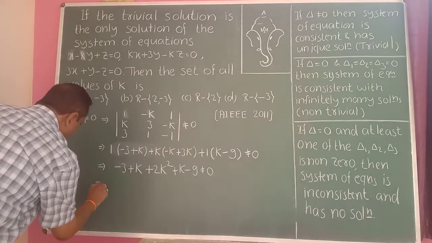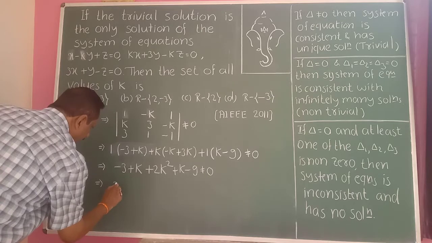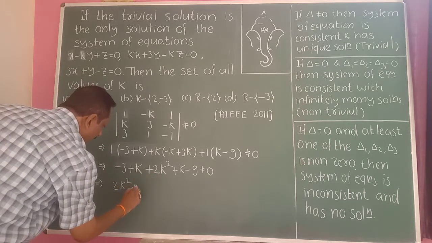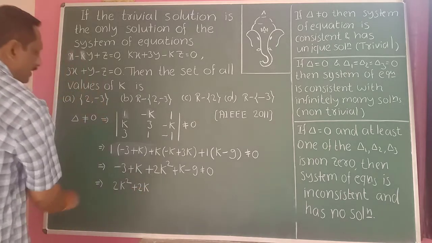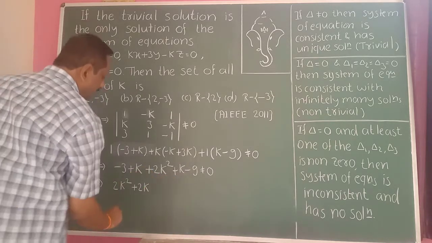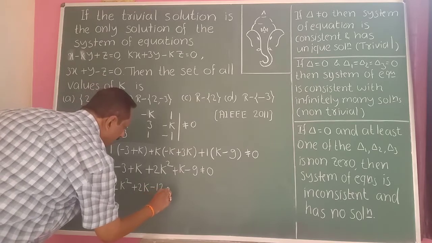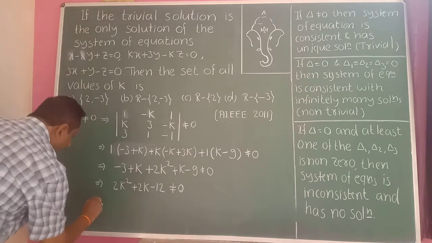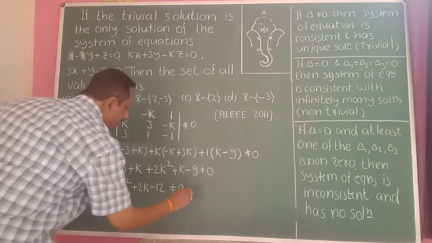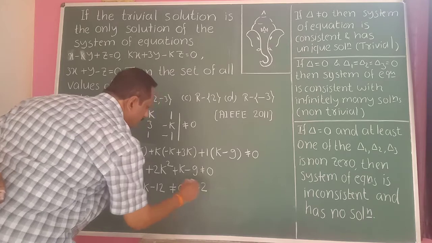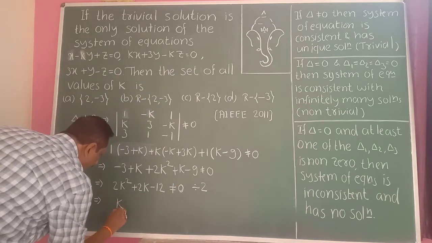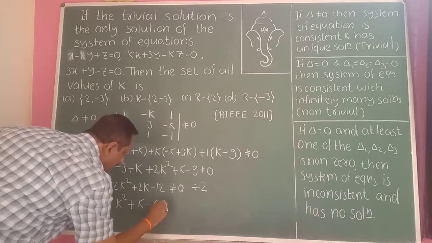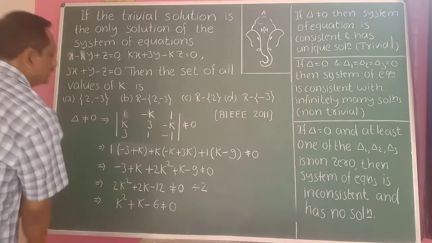Therefore this implies 2k square, k plus k becomes 2k, minus 3 minus 9 minus of 12 is not equal to 0. Dividing both sides by 2, we get k square plus k minus 6 not equal to 0.